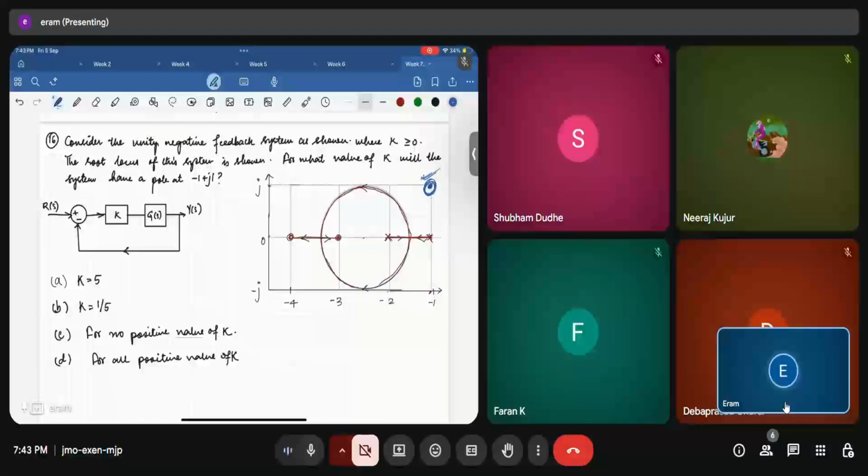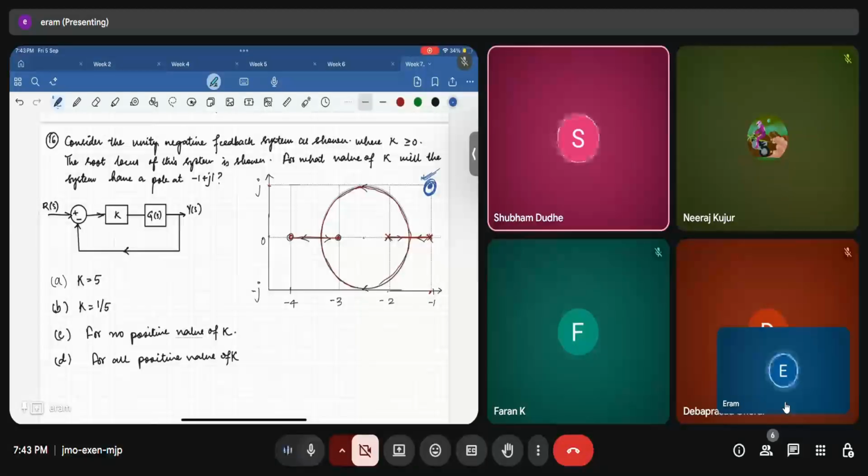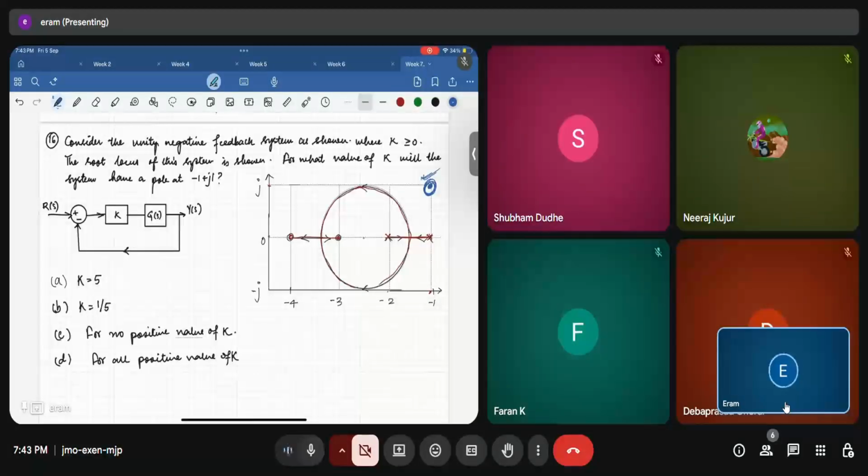So what is the definition of root locus? What are we drawing here? We are drawing the closed loop poles by varying the open loop gain k, right? So it is the trajectory of the closed loop poles with respect to k.